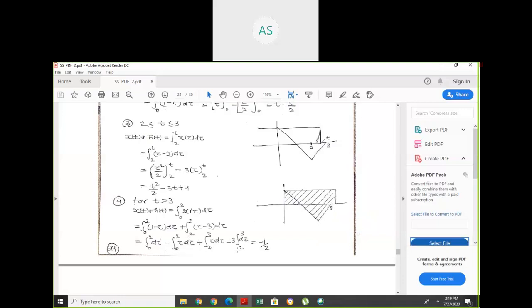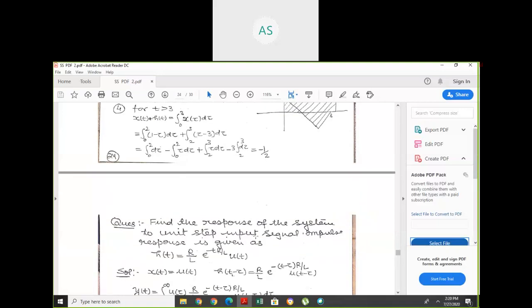So when we integrate, we find the value of the convolution is minus half.